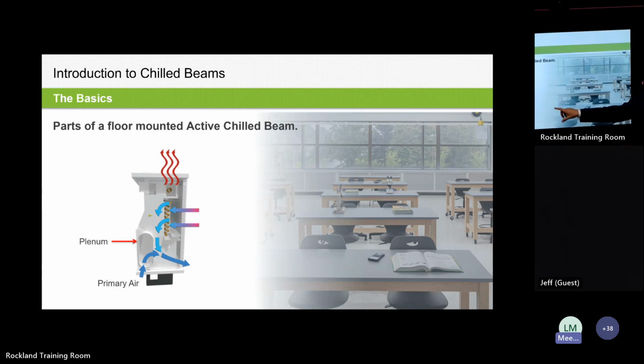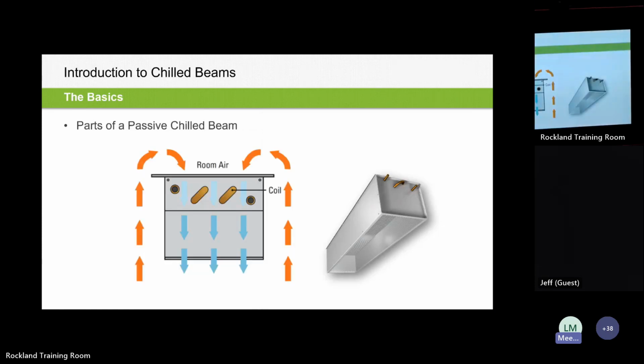So you're doing the same individual internal components as the 24-inch wide linear, and then you're inducing air horizontally through that water coil, and then it's mixing with that primary air and discharging at low velocity and low level into the space, creating that displacement pattern. So again, that's got a bank of nozzles as well. It can come with four pipe heating cooling, but also a fin tube option. So if you decoupled or separated the hot water line to running a fin tube underneath the windows, that's an option as well.